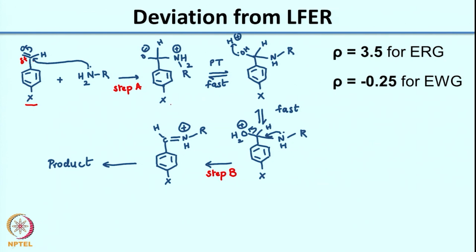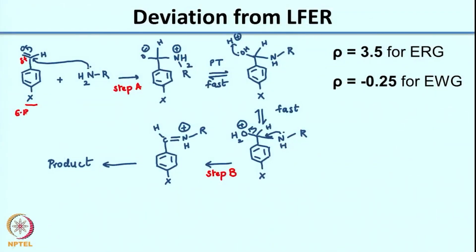In the case of the intermediate, because you have this zwitterionic kind of intermediate, there will not be much of a difference between an electron releasing or an electron withdrawing group, but for the reactant, there would be an effect if you have electron releasing versus electron withdrawing.